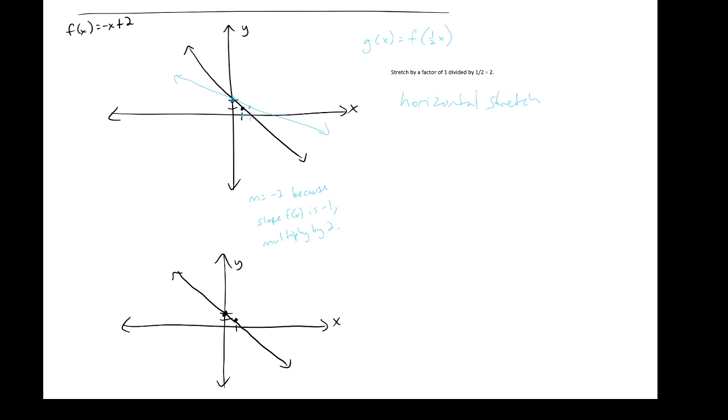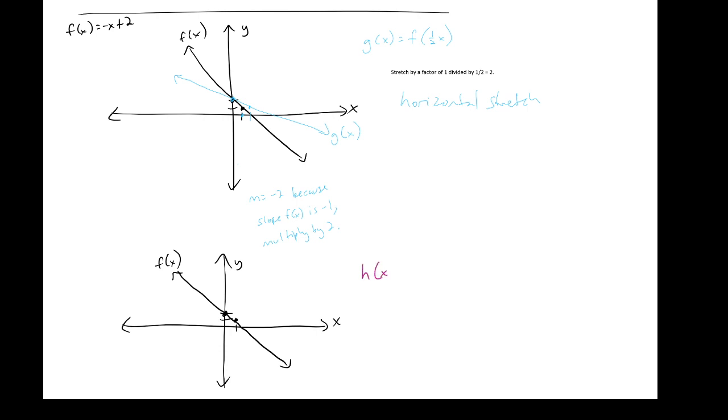That's my f of x. Right? This is the f of x. This is the f of x. Over here in blue, this was the g of x. And then in purple, okay, we are going to do the h of x.